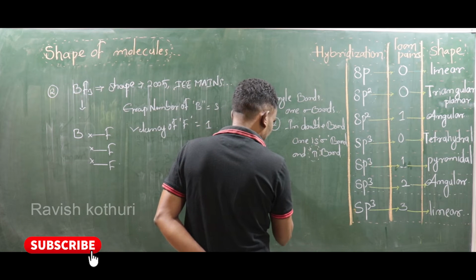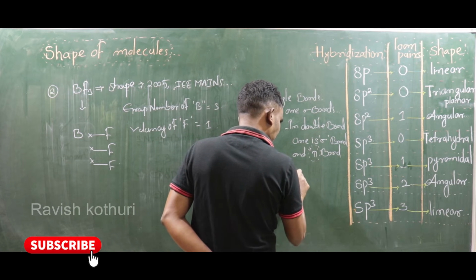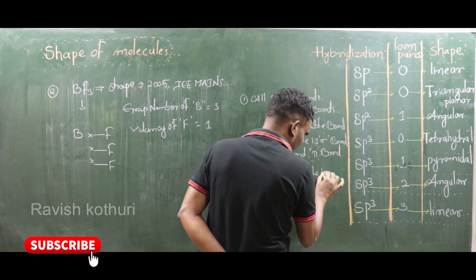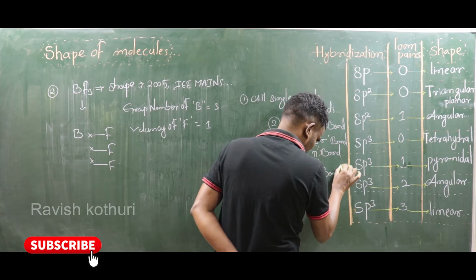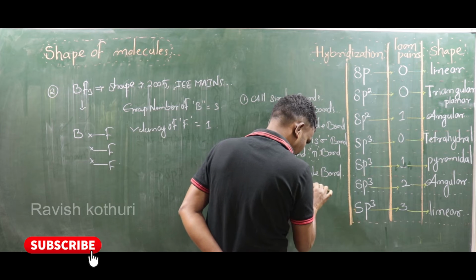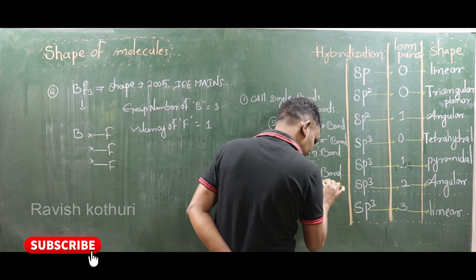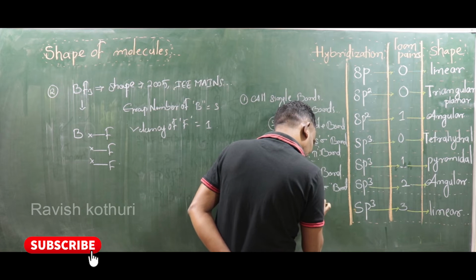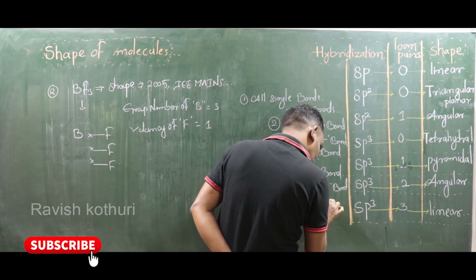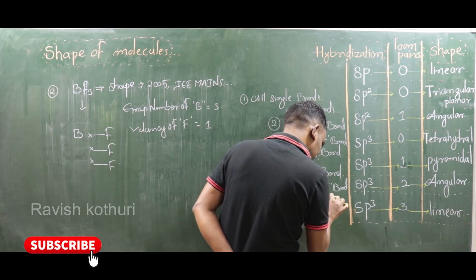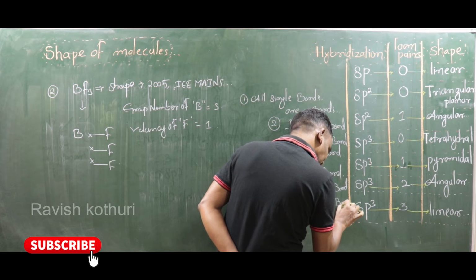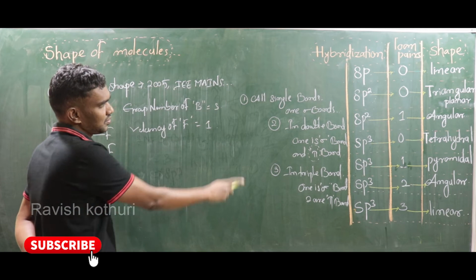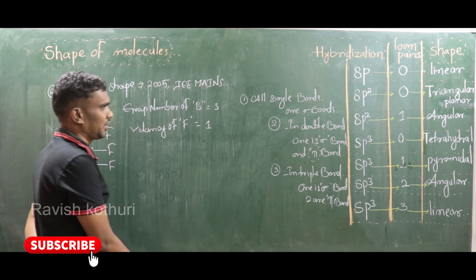Third point, in a triple bond, one is a sigma bond and 2 are pi bonds. Remember these 3 points. This is very important, right?